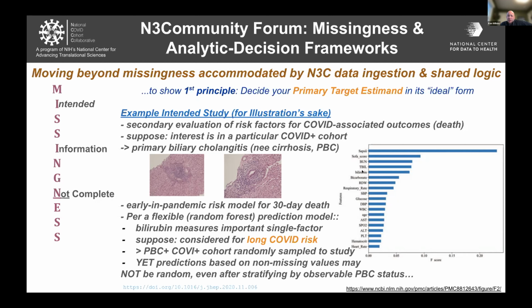This example was just trying to look at one variable amongst many that were found to be predictive in prior data. And now we're looking at a COVID positive subset as described by some other condition.